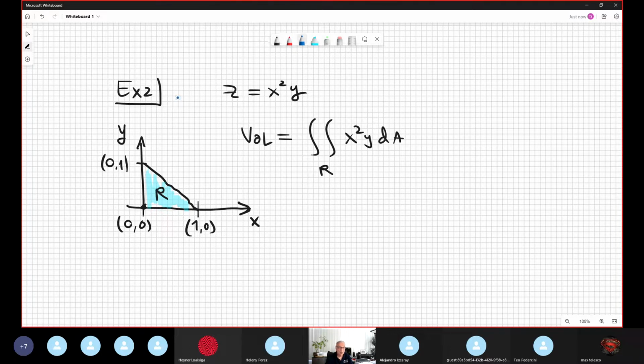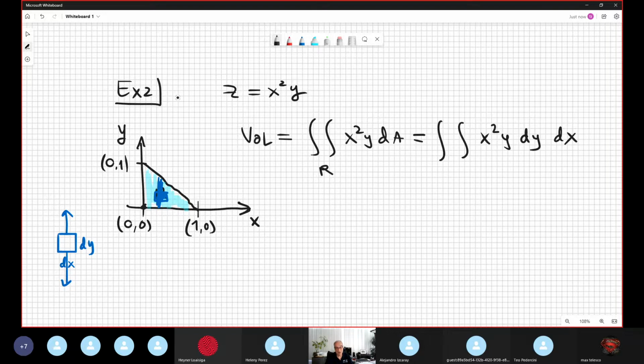Remember, we have the small rectangle here. The dimensions of this are dx, dy, and we can integrate in this direction or in this direction, so vertical or horizontal. Let's do vertical first. So I stretch this infinitesimal rectangle vertically, because this means that I decide to integrate in this order: dy first, and dx second.